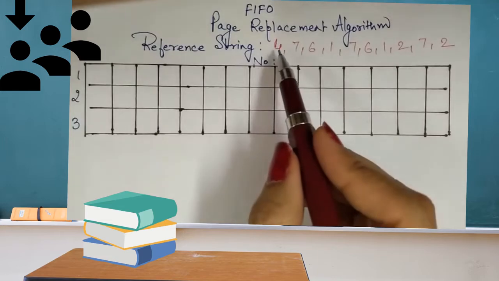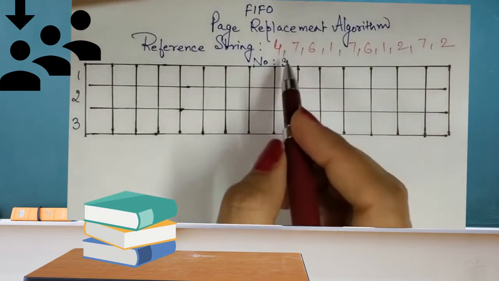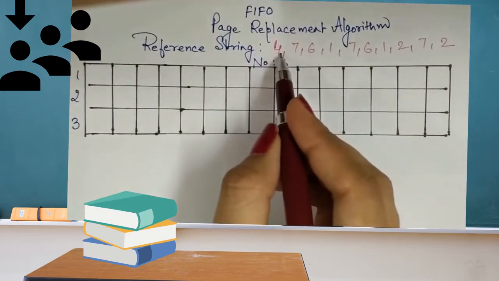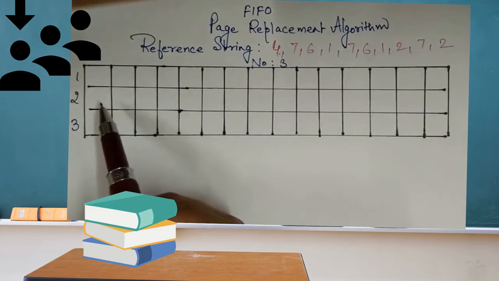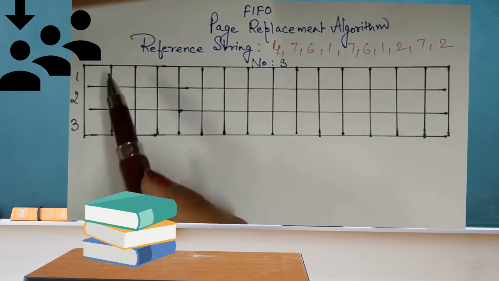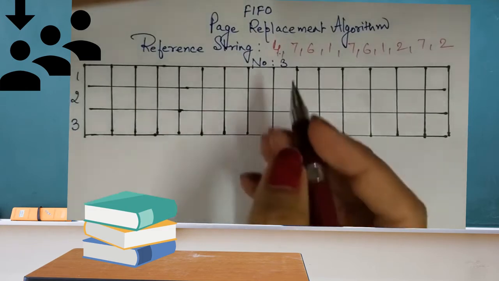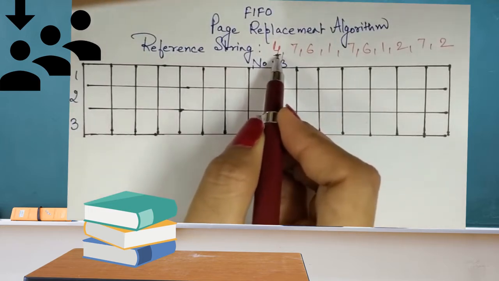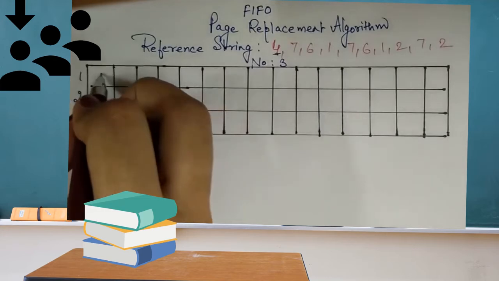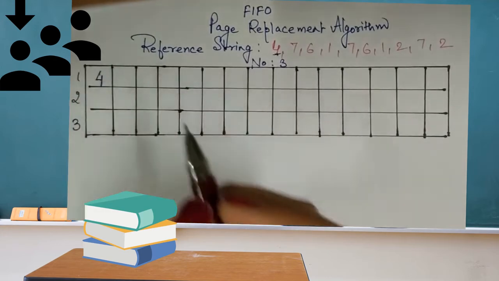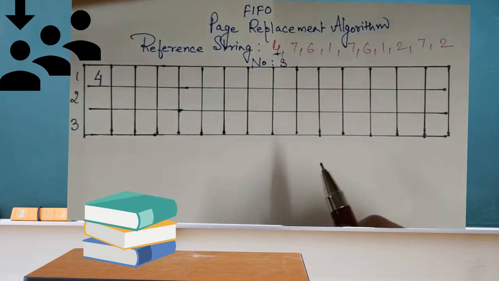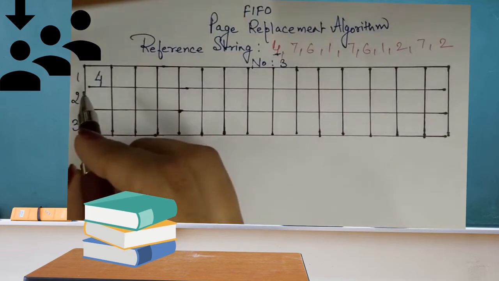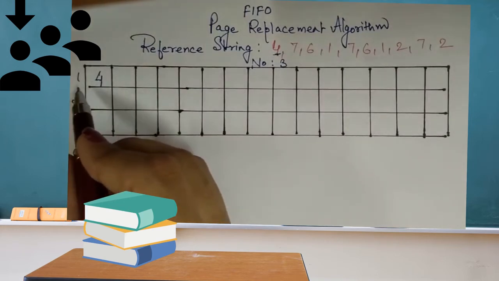Starting from 4, we would be seeing whether 4 is there in my memory or not. Here all my frames are blank, so I would be taking the page that is demanded by the CPU into my first frame. So I have made the first page enter into frame 1.